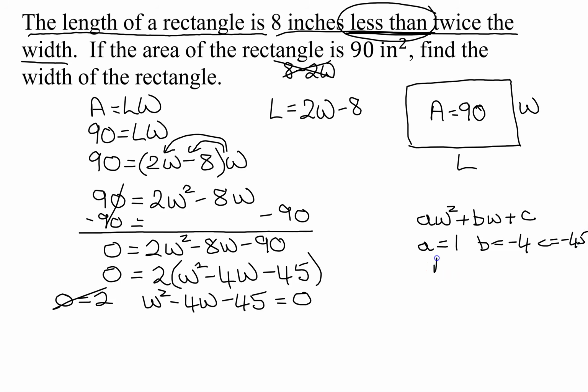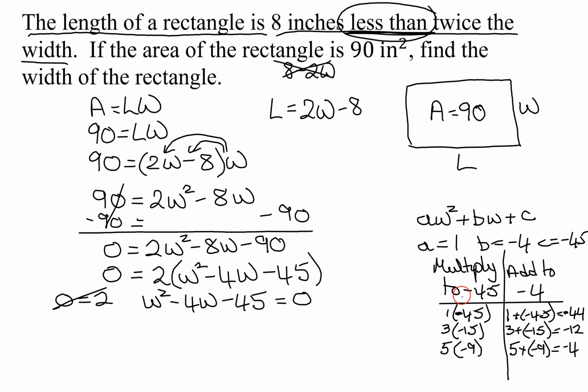So I need two numbers that multiply to A times C, 1 times negative 45 is negative 45, and they need to add to B, which is negative 4.